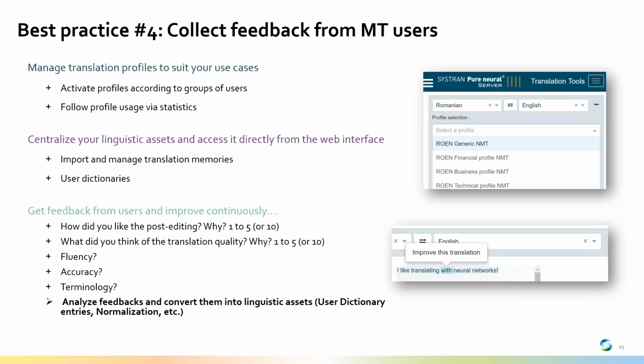And this allows us to focus on the most important feedback and convert it into actual linguistic assets in the system. So user dictionaries, normalization dictionaries, or even feedback to create artificial corpus for future specializations. This is really gold data that needs to be captured during the use of the system.